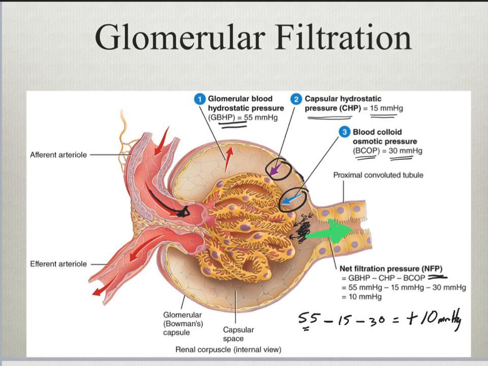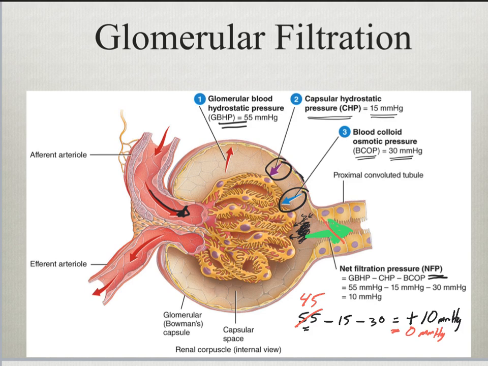Now, when can this become skewed? Let's look at blood pressure. Say we're bleeding internally or externally and we have some massive blood loss. If this number drops down to, say, let's pick 45 millimeters of mercury, now we're even Steven, and we have 0 millimeters of mercury on the net filtration side.